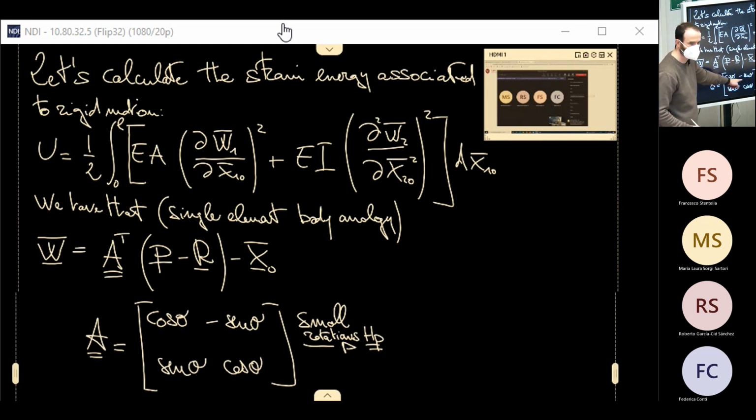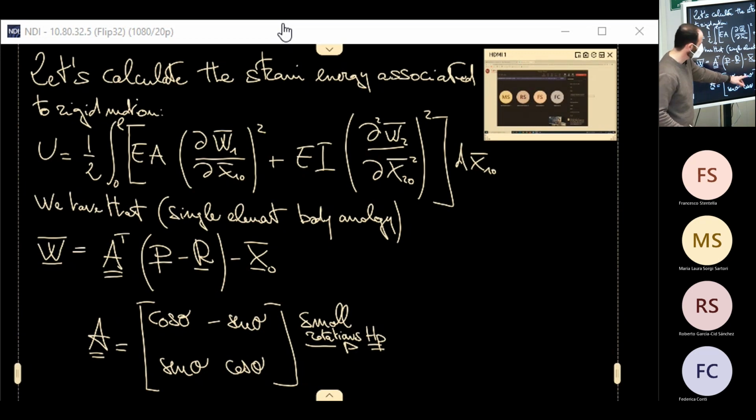We are not talking about the rotation induced by the rigid motion. What we have is that we have to linearize this. And if we linearize this, what do we get?